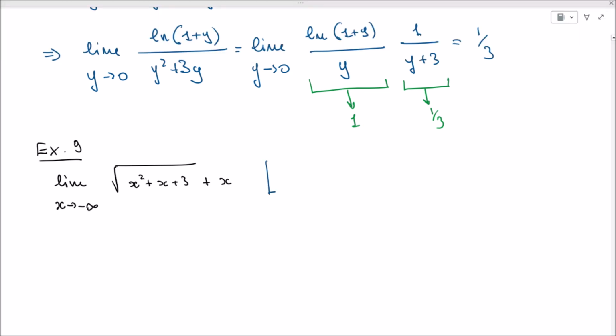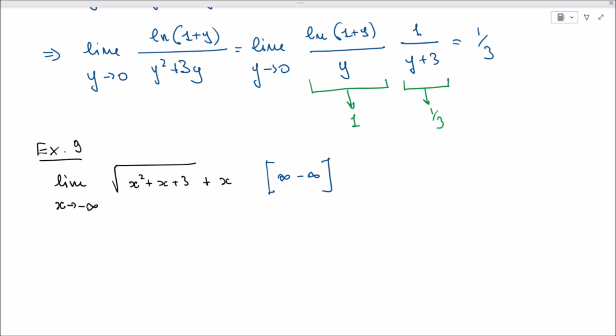Now, this limit is of the type infinity minus infinity. Now, we can possibly resort to one of the rationalizations that we have introduced before, but it seems that the problem is due to the fact that x goes to minus infinity.